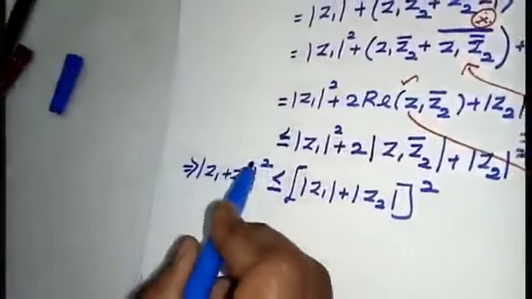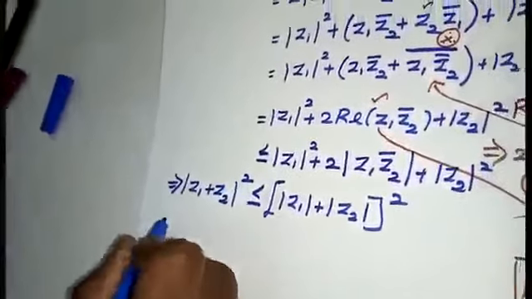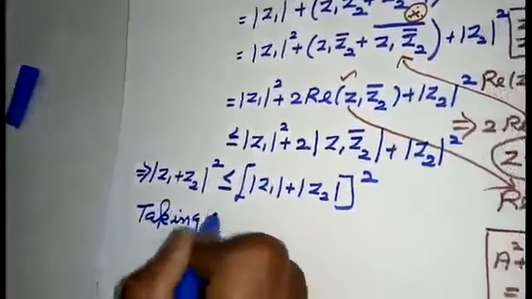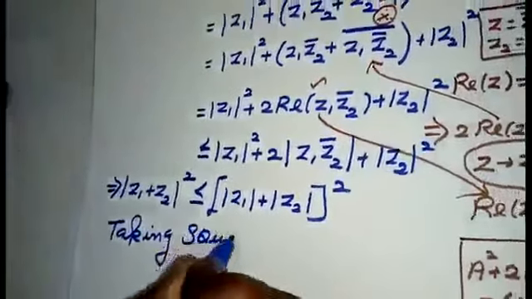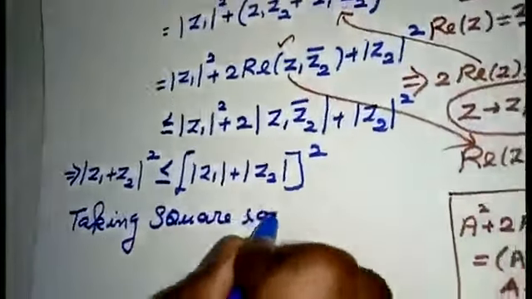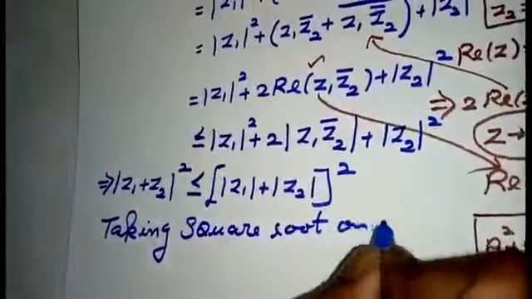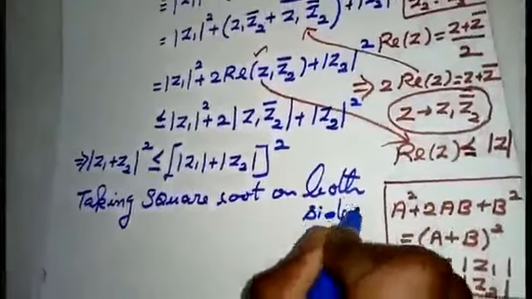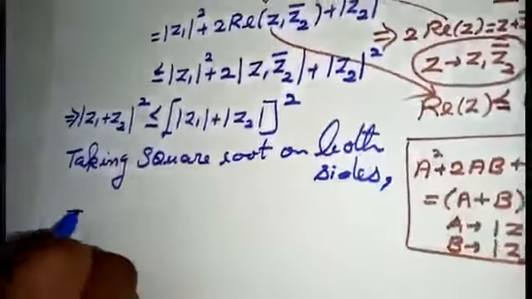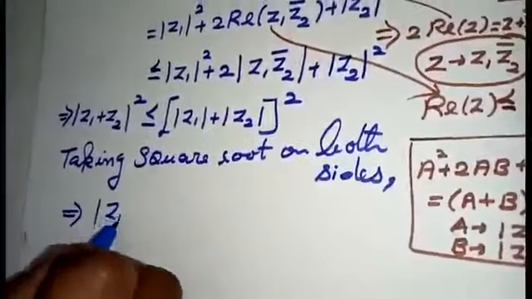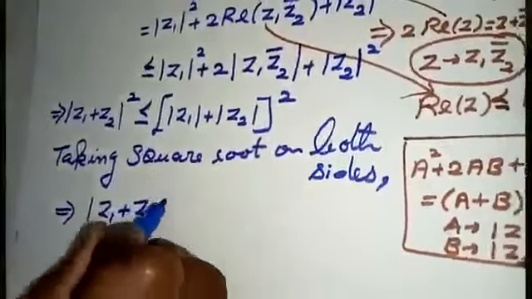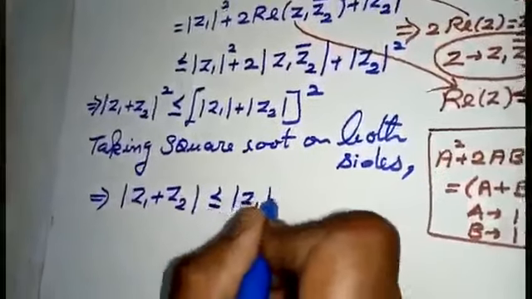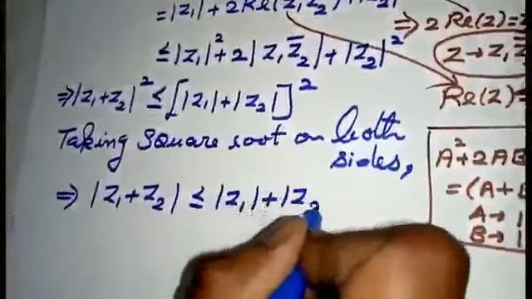If I am going to take square root on both sides, we get modulus of z1 plus z2 is less than or equal to modulus of z1 plus modulus of z2.